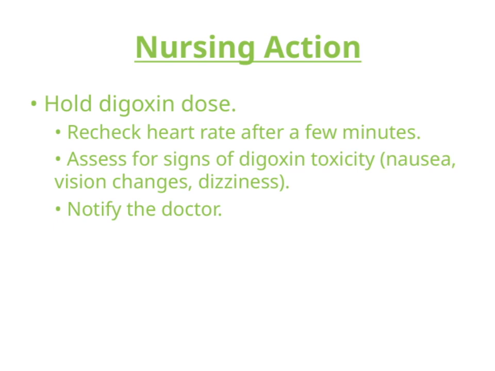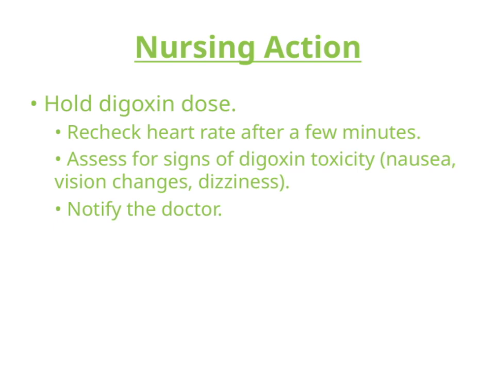Keep an eye out for symptoms like nausea, vision changes such as seeing halos or blurred vision, and dizziness or weakness. These signs can indicate that the medication level is too high and toxicity may be developing. If any of these signs are present, or if the heart rate remains dangerously low, don't delay. Notify the doctor immediately.